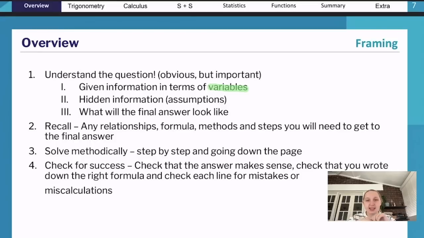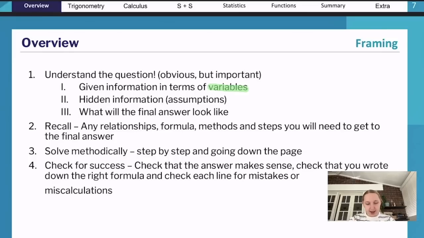People forget that stimulus information can help you for all those parts of the question. It's not just for part A. That stimulus might come back and help you for part B.